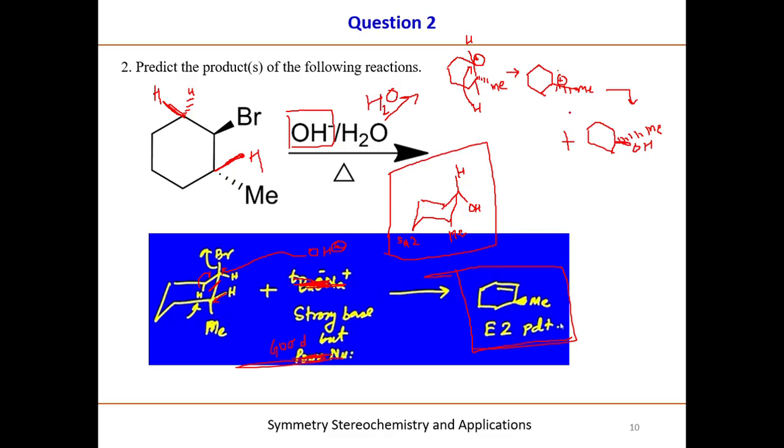In this case also, what's the other product formation that will take place? Back side of the plane. These two are the possibilities for the SN1 pathway mechanism.